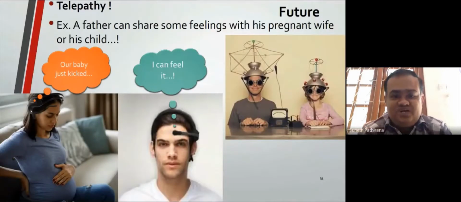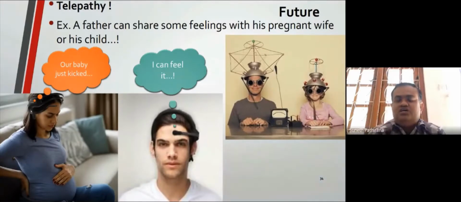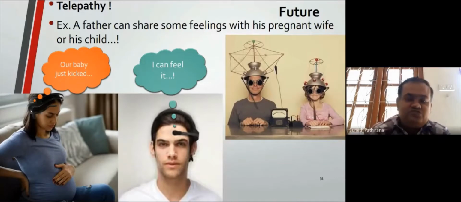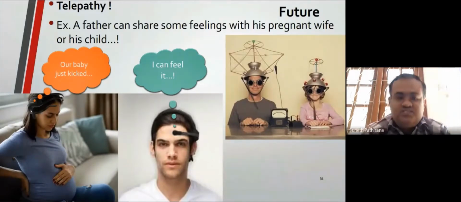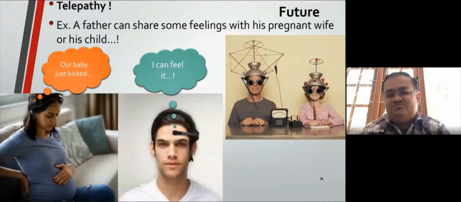For example, here is my own imagination, my own example. In future, expected mothers or pregnant ladies will wear lightweight EEG headsets.